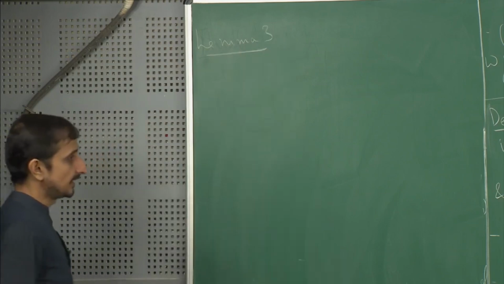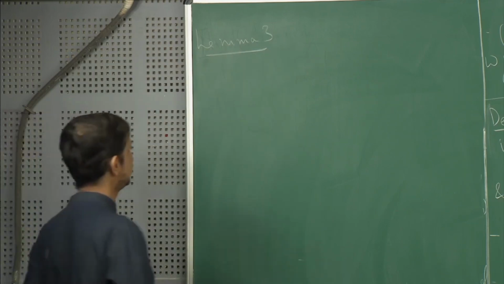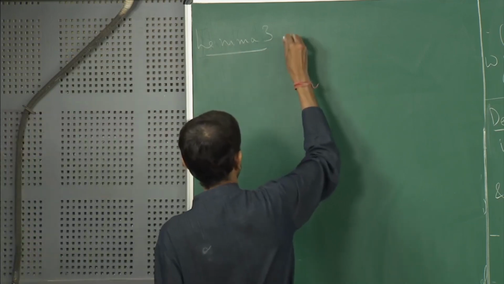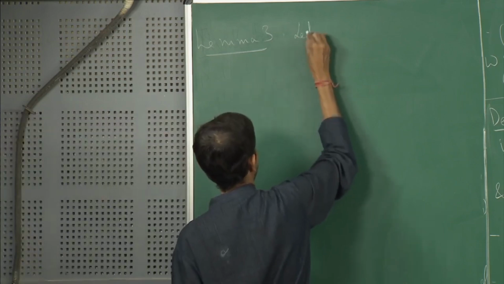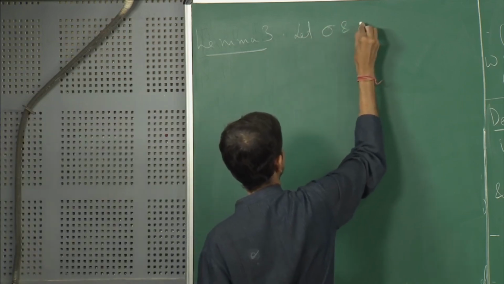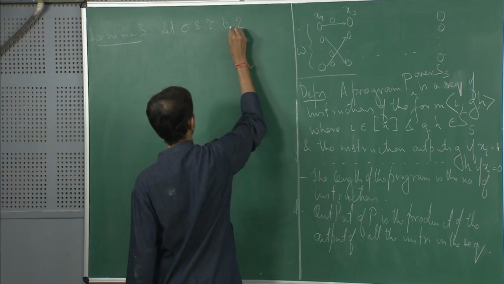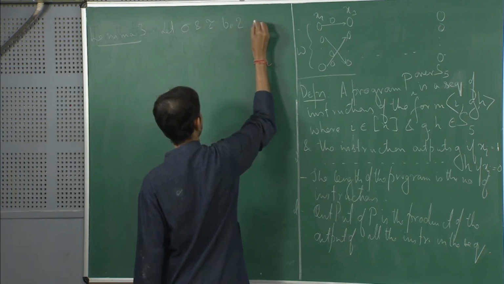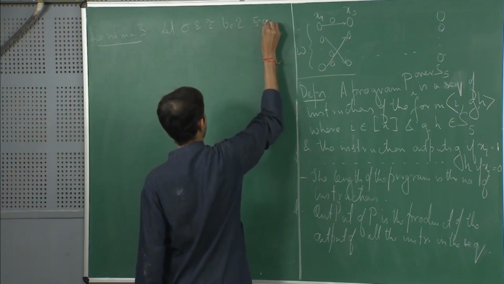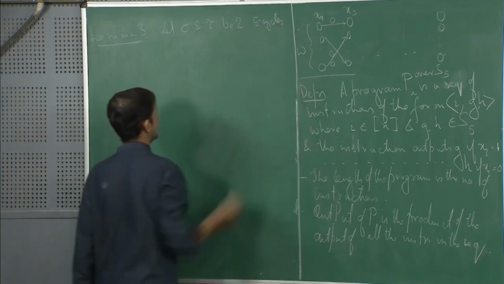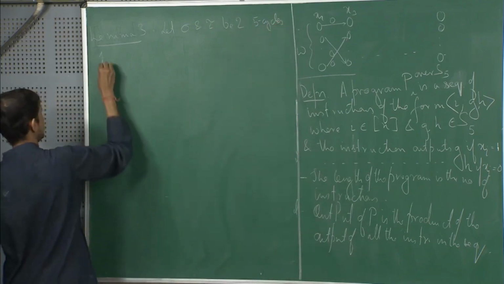As I said, this again follows from a very standard result in group theory. So let sigma and tau be two 5 cycles.